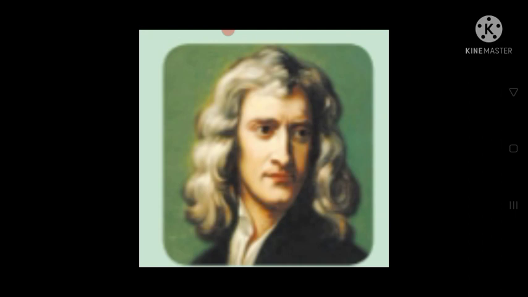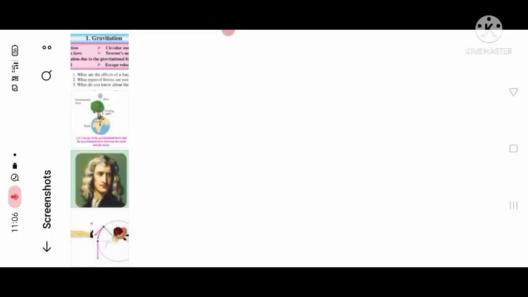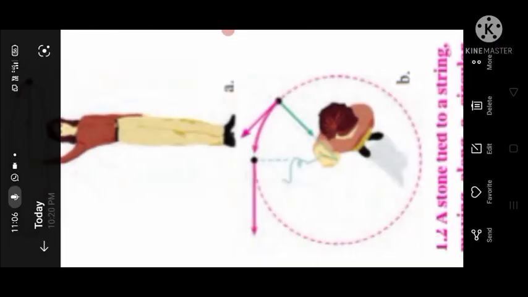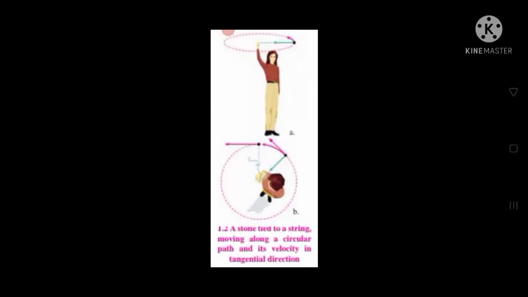After that, let us study another subtopic, that is, circular motion and centripetal force. To study what is meant by circular motion and what is meant by centripetal force, we have to do one activity.